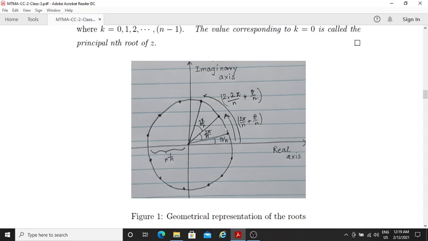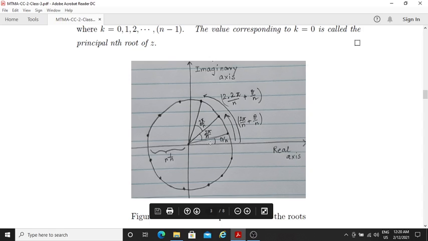For k equals 1, you apply the 2 pi by n rotation one time. For k equals 2, you apply it 2 times, and you get this point. Similarly, you keep rotating, up to k equal to n minus 1, and that gives you the n roots lying on the circle around the origin.